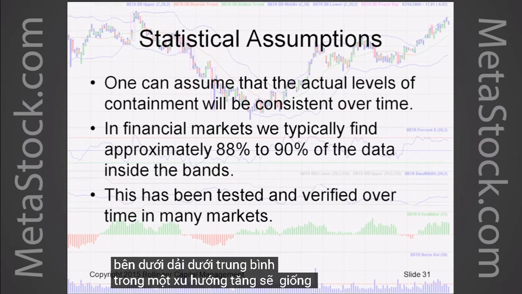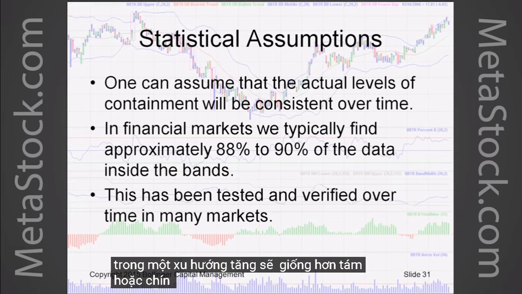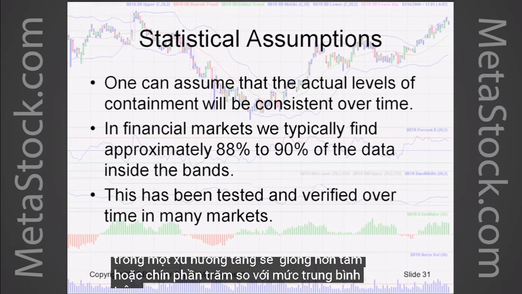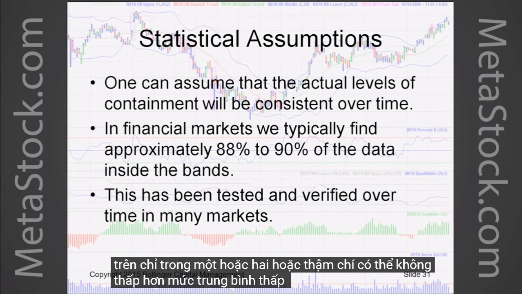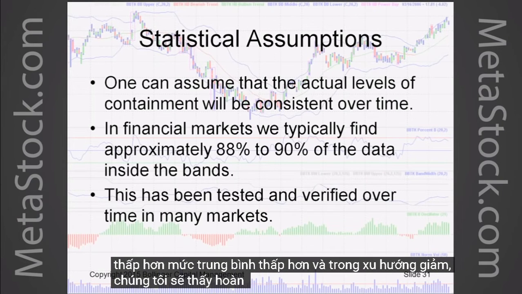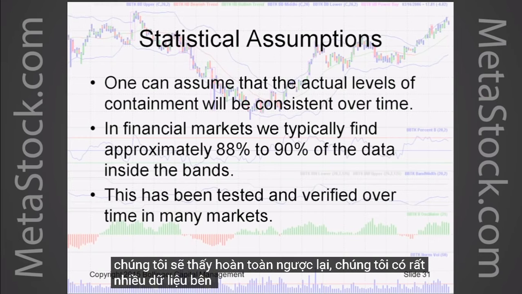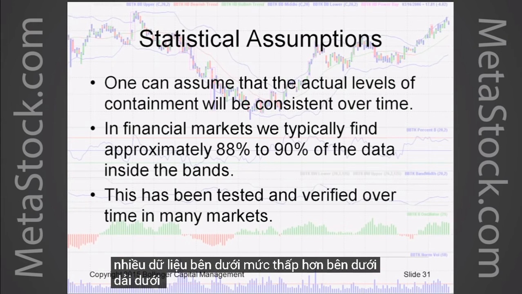In an uptrend, that'll be more like 8 or 9% above the upper band and just a percent or two, or maybe even none, below the lower band. In a downtrend, we'll see exactly the opposite. There'll be lots of data beneath the lower band and almost no data above the upper band.